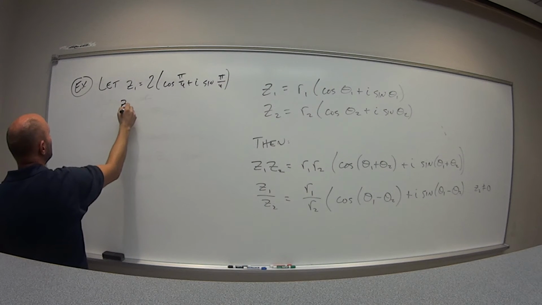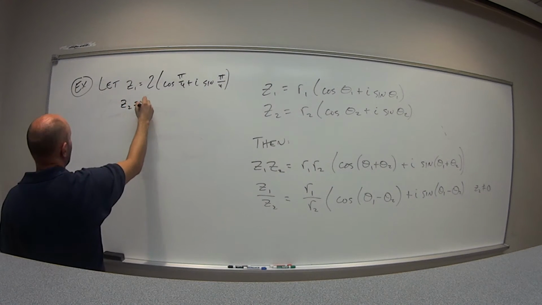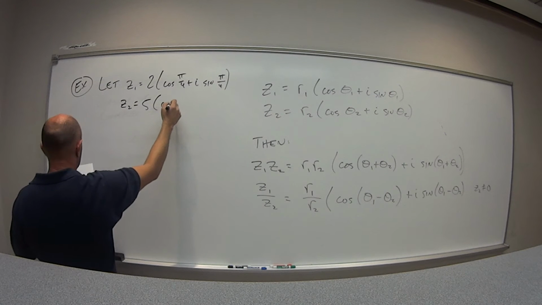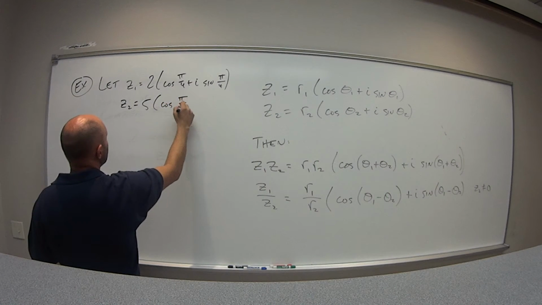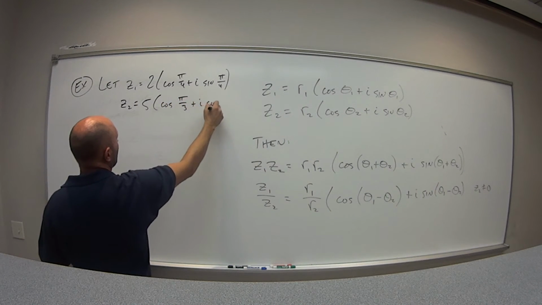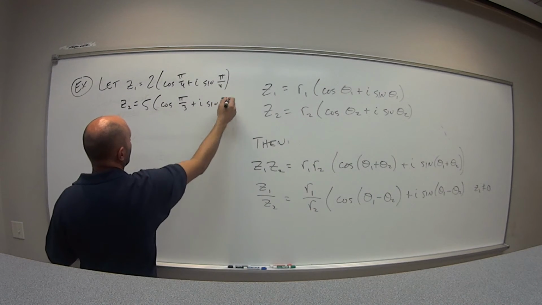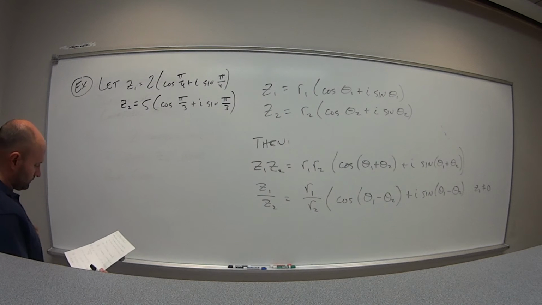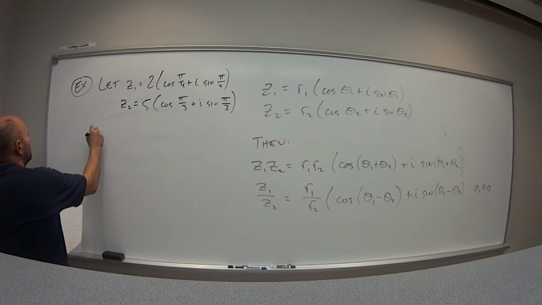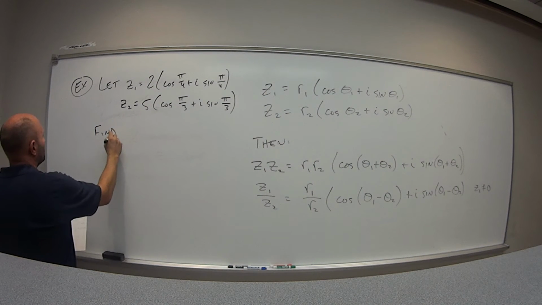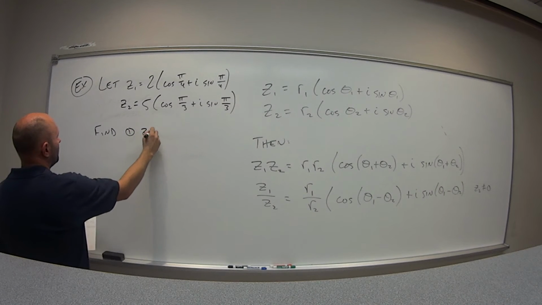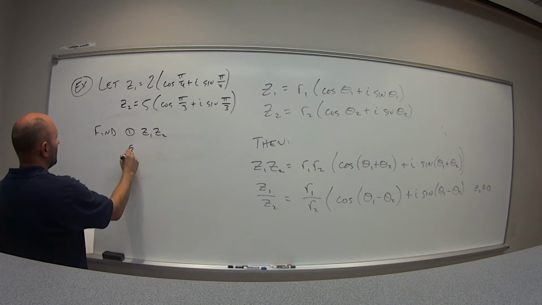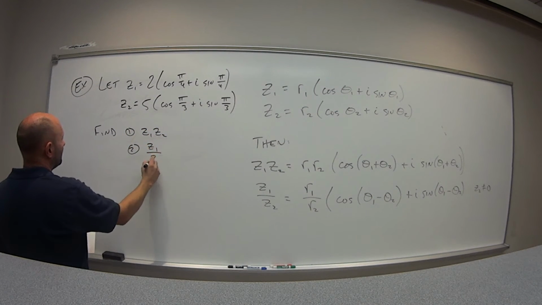And Z2 is 5 cosine of pi over 3 plus I sine of pi over 3. So we want to find the product and we want to find the quotient. So we want to find first Z1 times Z2, and then we want to find Z1 divided by Z2.